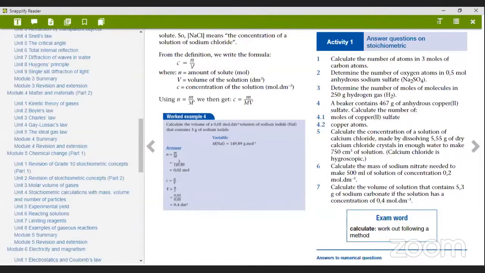So you add those two together. Do not multiply, guys. Always add. You add them together, and then you get your molar mass.